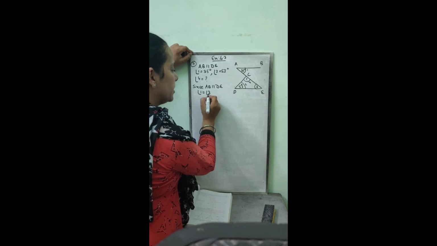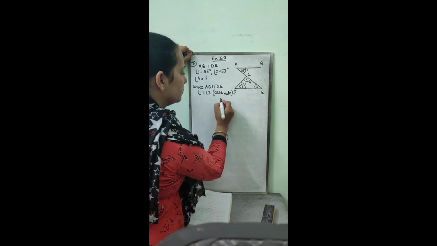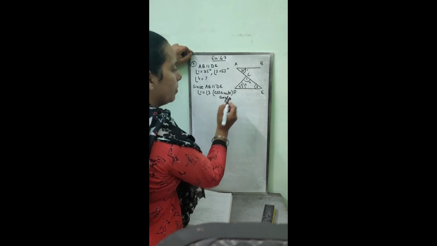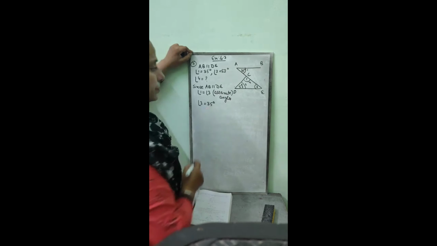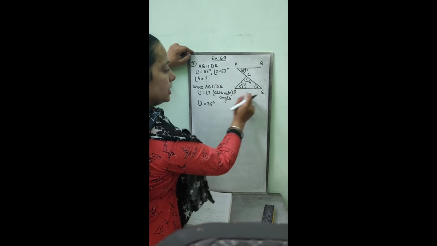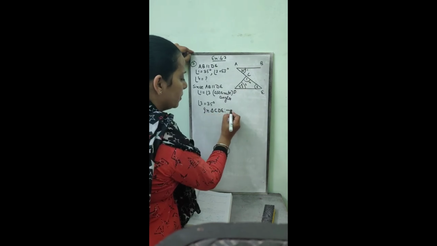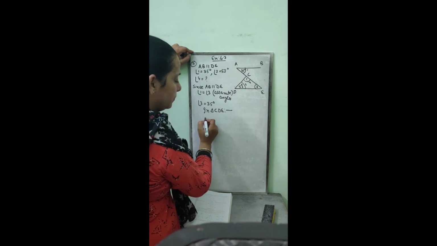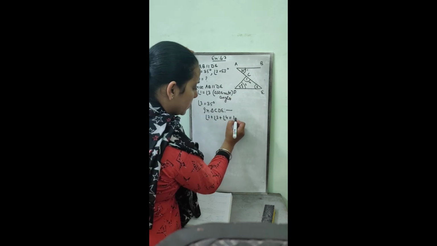See, since AB is parallel to DE, it means angle 1 is equal to angle 3. These are alternate angles. If angle 1 is 35, it means 3 is also 35. Now look at this triangle CDE. In triangle CDE, you are having three angles, angle 2, 3 and 4. Sum is 180.